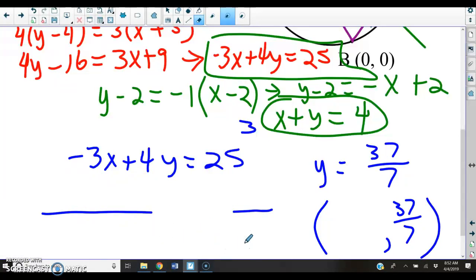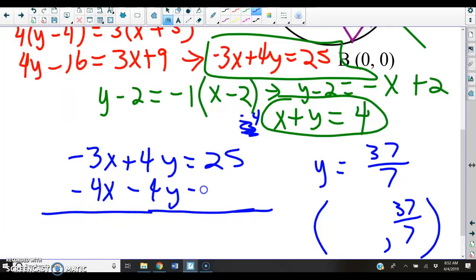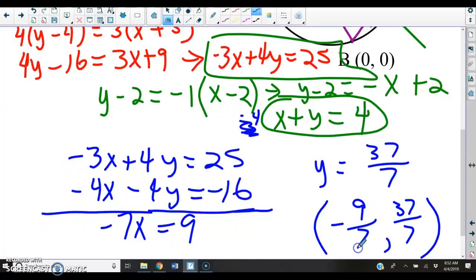If I multiply it this time by negative 4, I'd have negative 4x minus 4y equals negative 16. So negative 7x equals 9, and it looks like x is negative 9/7. So that's approximately the center.